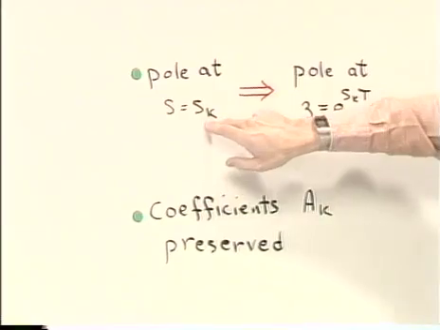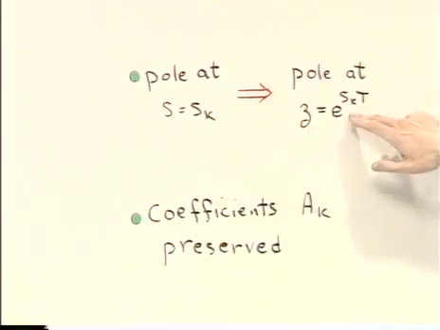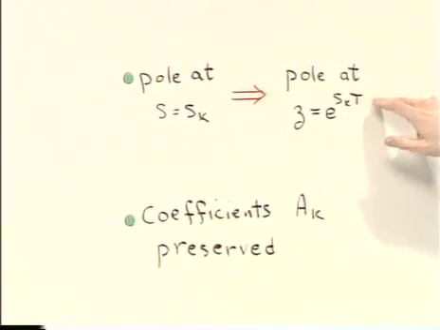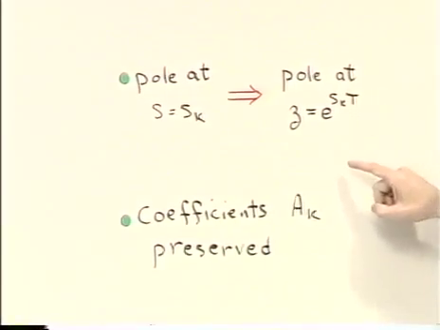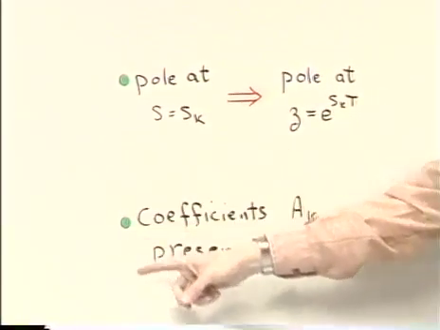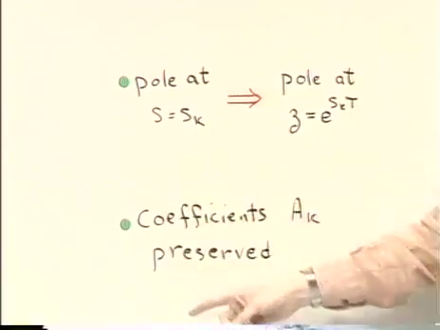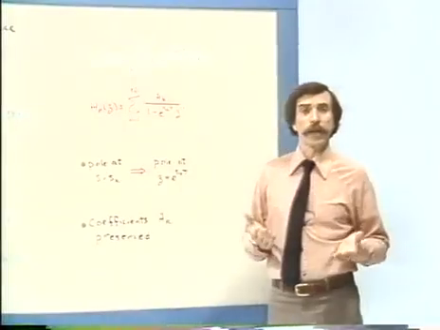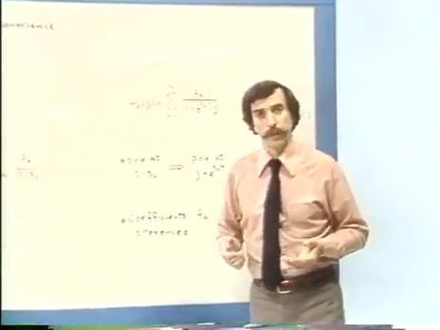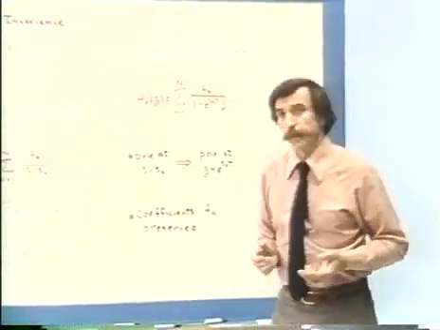The continuous time filter pole at s sub k gets mapped to a pole at e to the s sub k capital T, and the coefficients a sub k are preserved. And that algebraically is what the procedure of impulse invariance corresponds to.